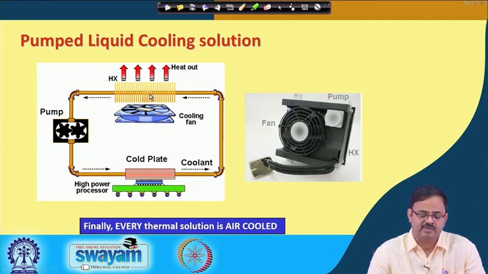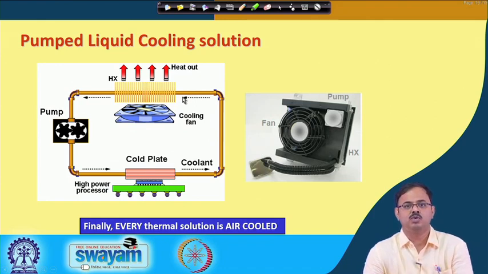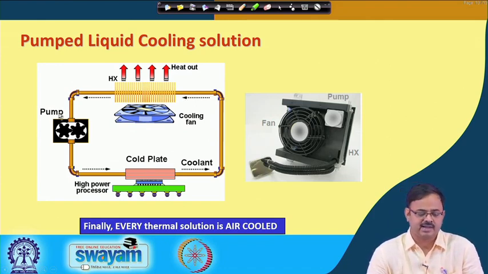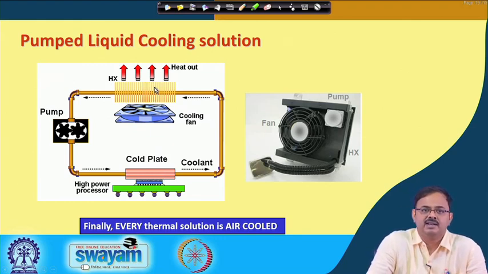The liquid at higher temperature flows over, you have fins attached to the outer surface of this tube or pipe, and a fan blowing air to extract the heat. This is a typical water air heat exchanger, and so the liquid gets cooled and is again ready to be pumped into the cold plate. The heat extracted by the liquid is again dissipated at this heat exchanger.